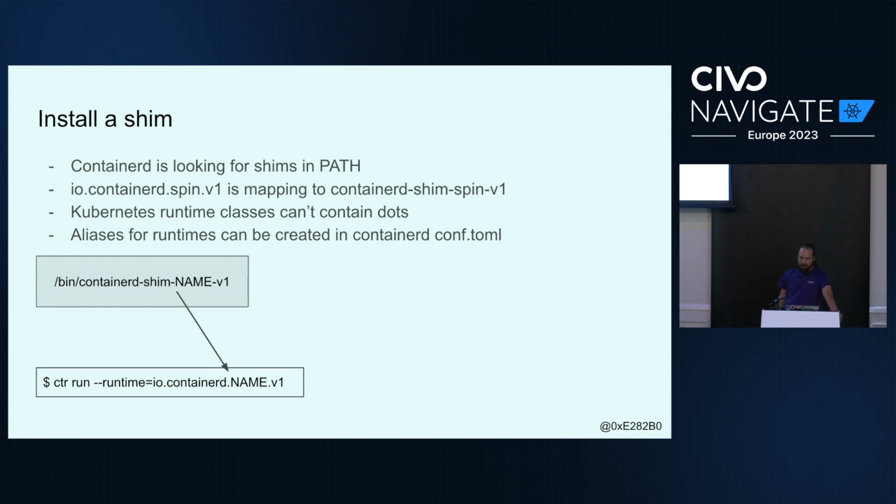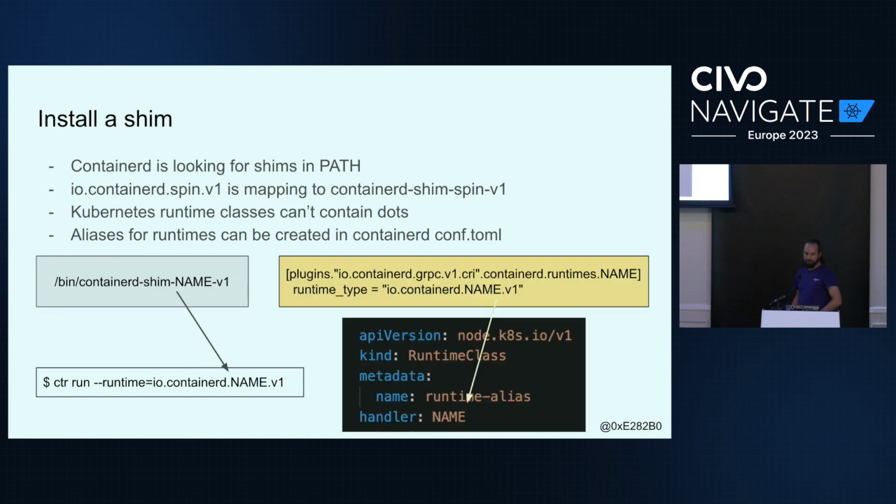Then it looks for a binary called containerd-shim-spin-v1. With just putting it in the path of your VM, it's already possible to run Containerd with CTR and start your WebAssembly container. That's great. You just need to move the binary onto your node.